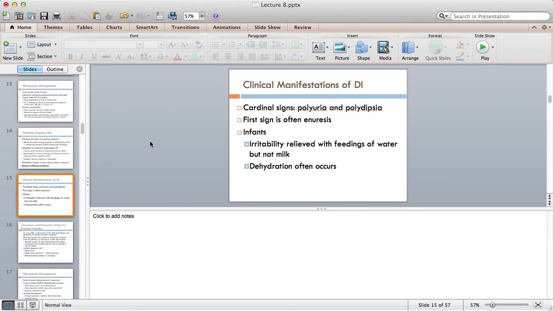Here, dehydration will often occur in the person because of that constant elimination of fluid.